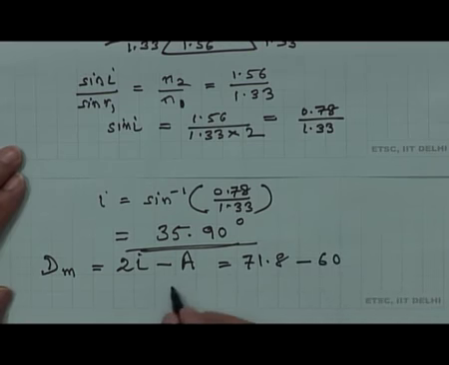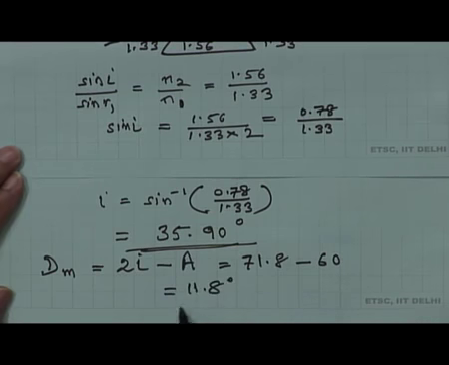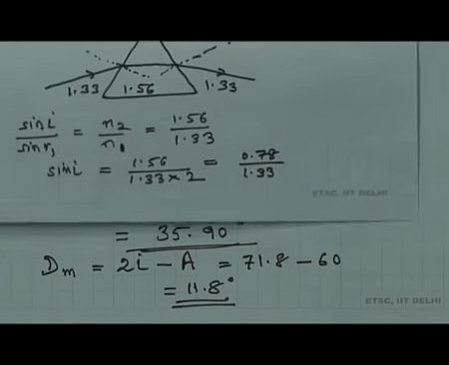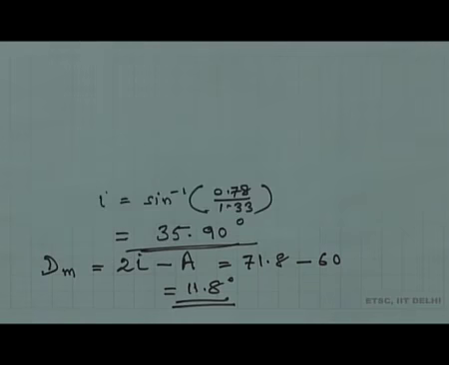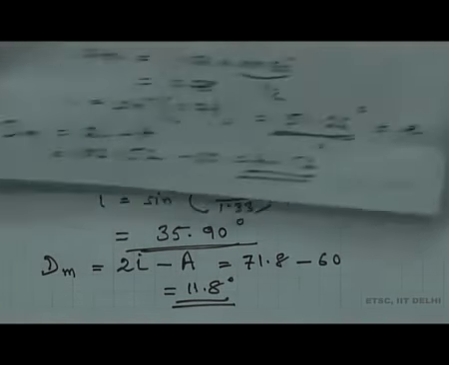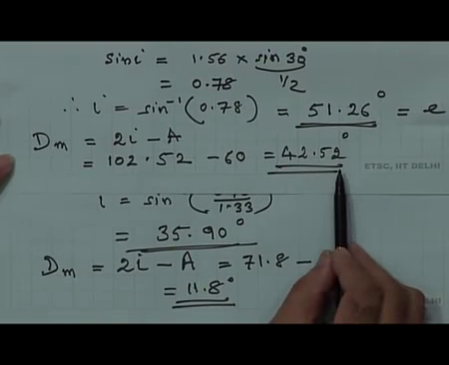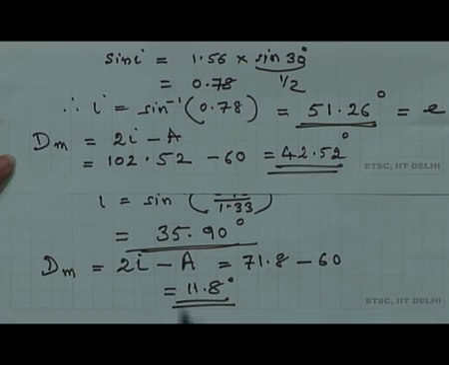So, that is equal to 11.8 degrees. The reason I calculated dm in the earlier case is that the dm value we got earlier was 42.52 degrees, but now the dm is 11.8 degrees.